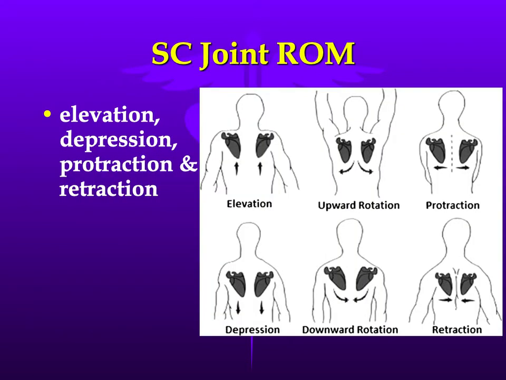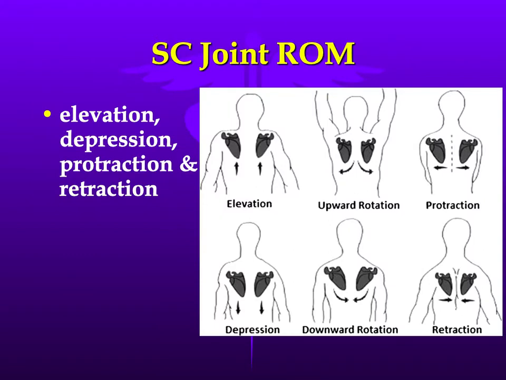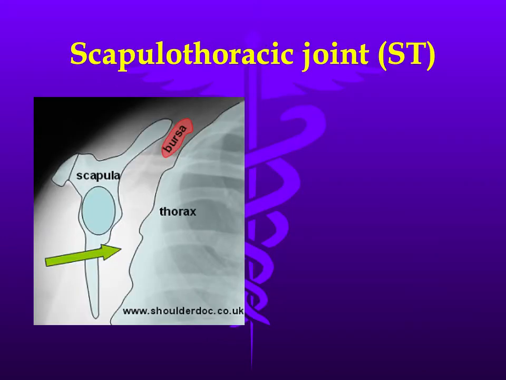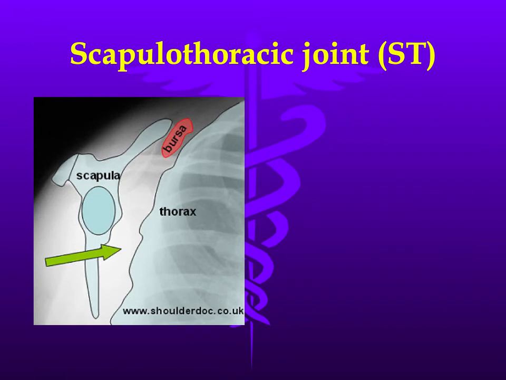So some of these you would think would take place there at the scapulothoracic joint. In some ways they do. In some textbooks you'll see that they say those range of motions take place at the scapulothoracic joint, and some will say they happen at the SC joint. So just so you're aware of that.